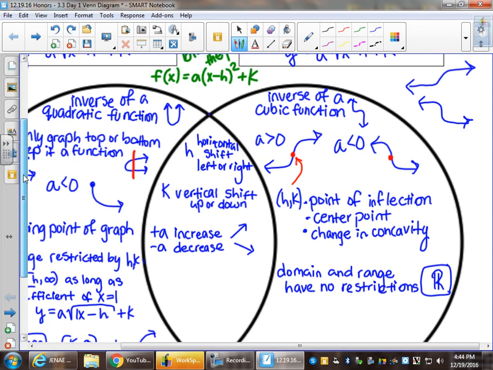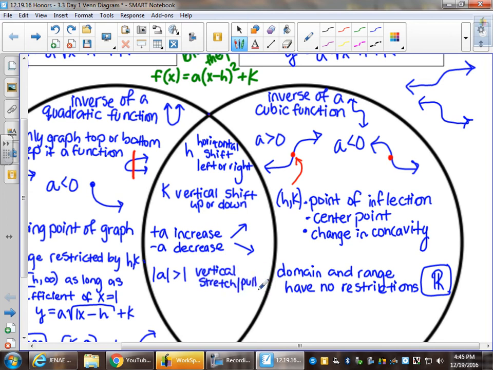When we talked quadratics, we also talked about the actual value, specifically the absolute value. When the absolute value of a was greater than 1, we said that that was a vertical stretch or pull.